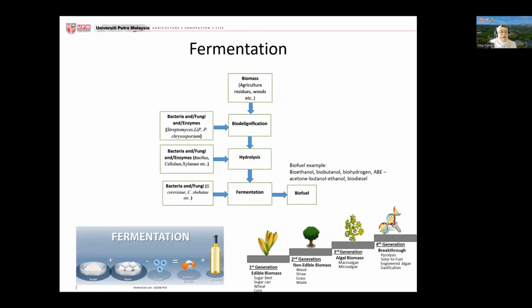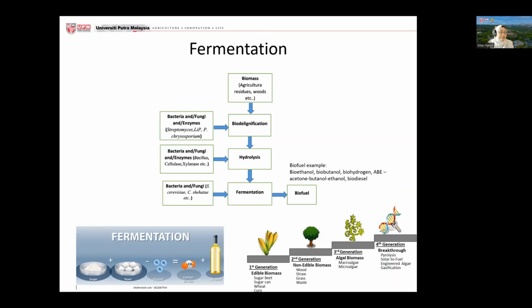Another way, if you still remember, just now I talked about biochemical. One of it is related to fermentation. So you have biomass, whatever types of agricultural residues, for example. Imagine Malaysia is very rich in oil palm.